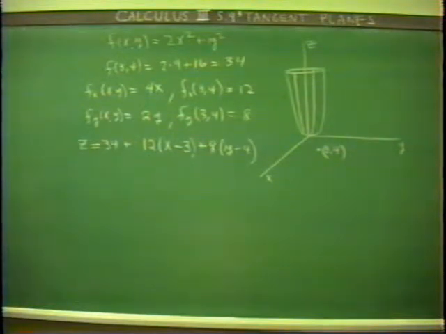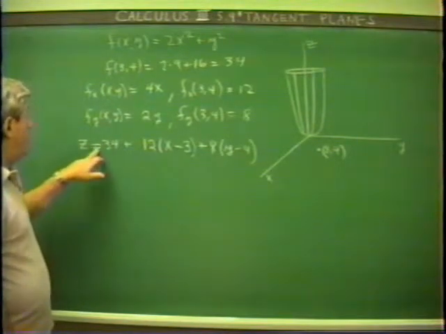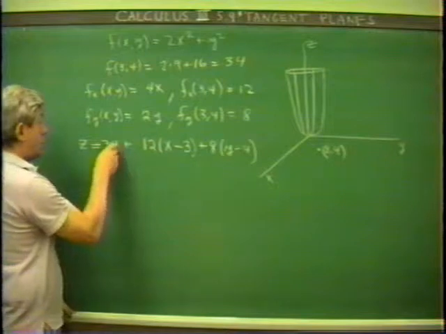The point was 3, 4, so this is going to be times y minus 4. It's clearly the equation of a plane.